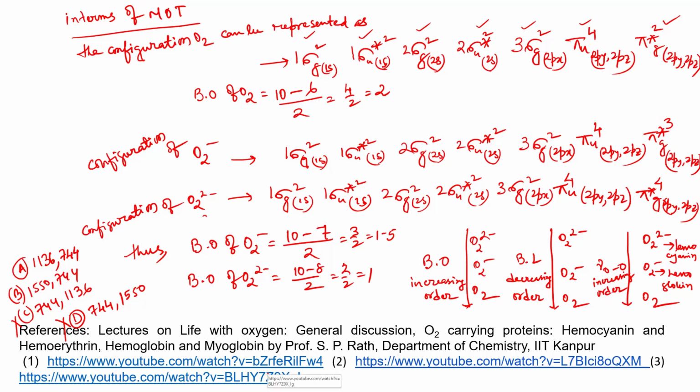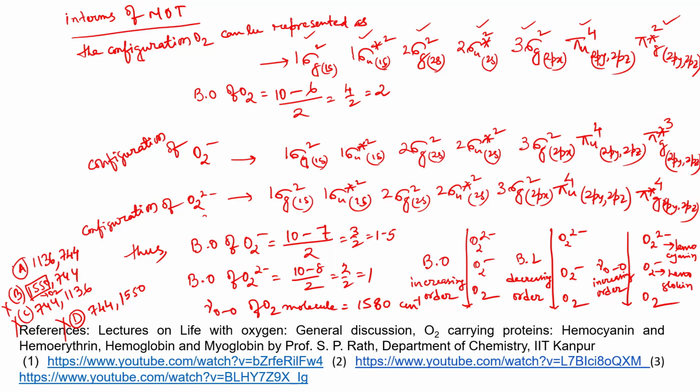After omitting the last 2 options, coming to the first 2 options, A and B. The oxygen-oxygen stretching frequency of the O2 molecule is about 1580 centimeter inverse. This quite matches with the value of 1550. So option B we can also omit, because this value corresponds to O2.